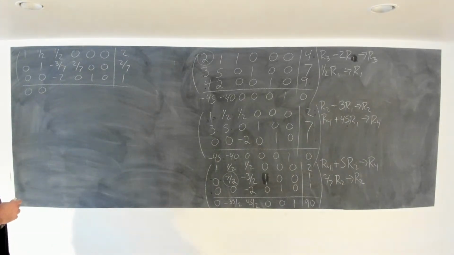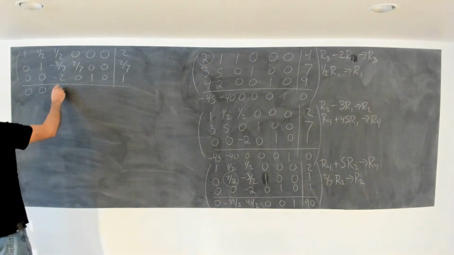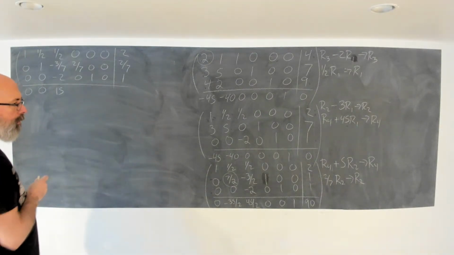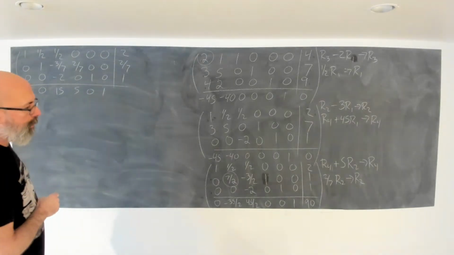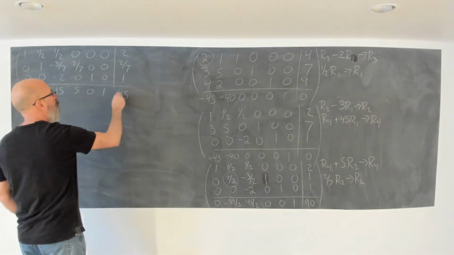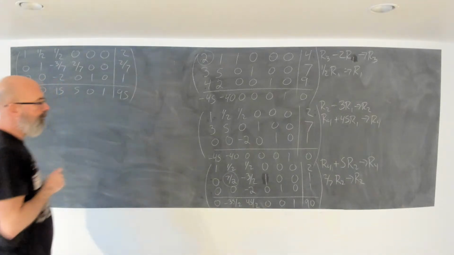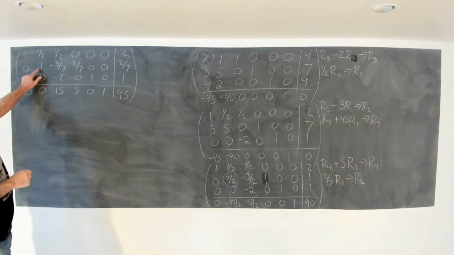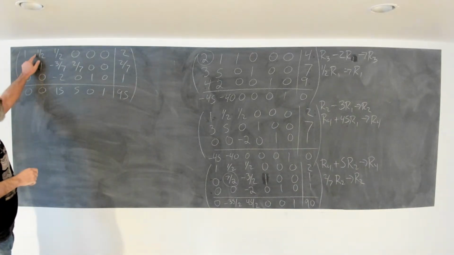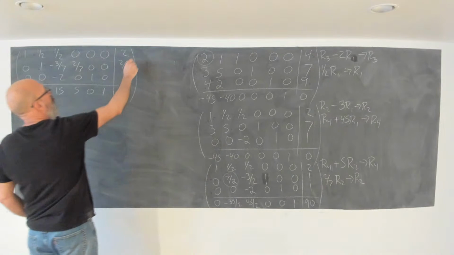We're adding 5, so 30/2, which is 15. 5, 0, 1, and 95. Let's use that one to get rid of the 1/2.